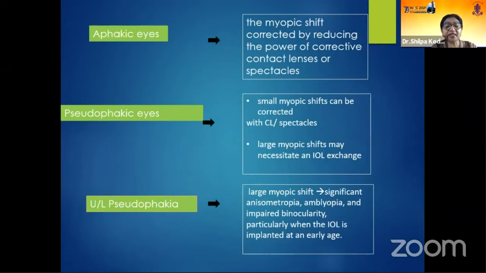Now, the challenge especially is in unilateral pseudophakia, where even if there is a large myopic shift, there is a significant anisometropia, which can lead to amblyopia. So this is another challenge that we face in all pediatric cataracts.